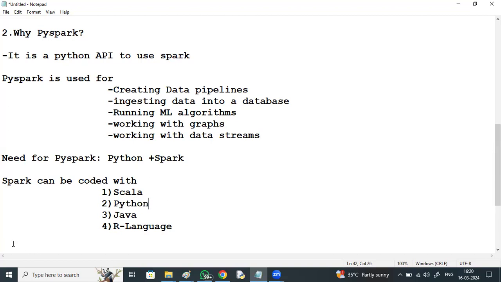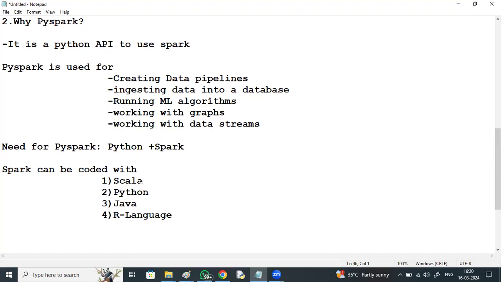Speaking frankly, Scala is the native language of Spark. Spark is by default built using the Scala language.